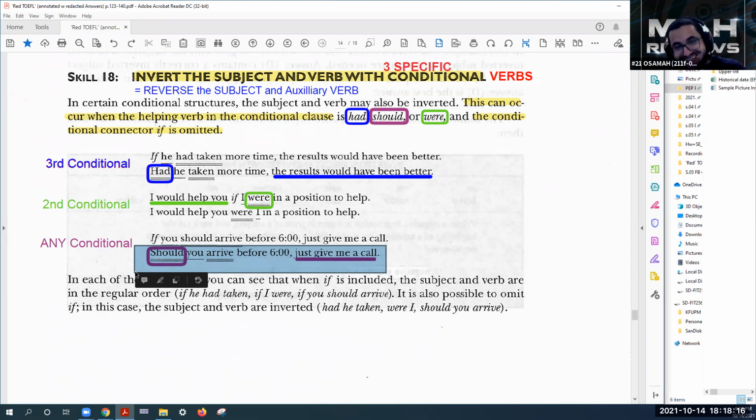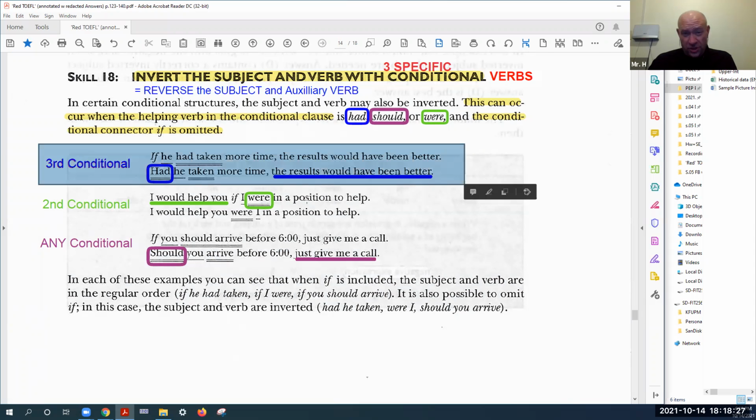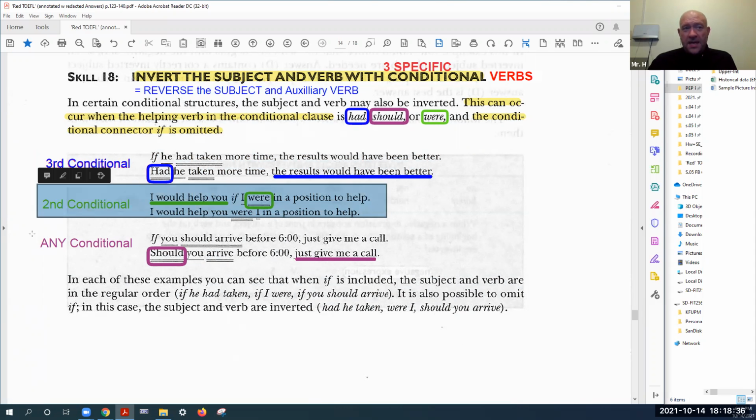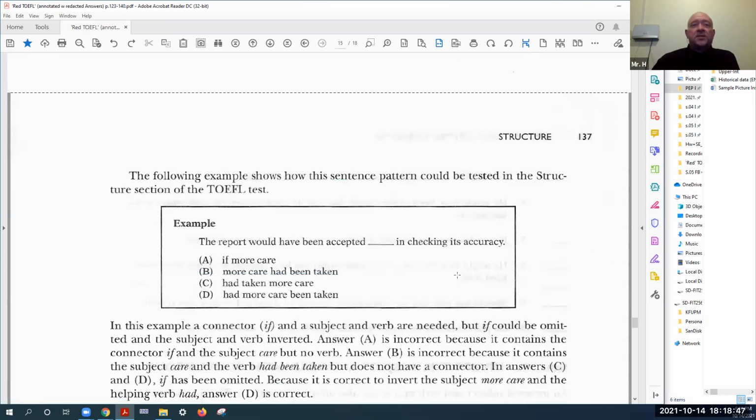Anyway, this is specifically with the third conditional, and were goes with the second conditional. Now, with this one, any of the conditionals are possible, so that means first or second or third. Let's move on to the example.